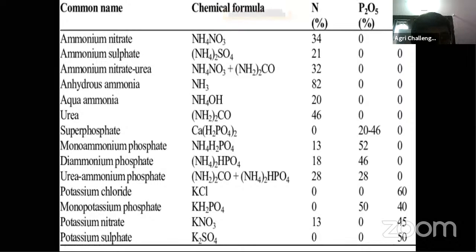Then ammoniacal fertilizers are more susceptible to volatilization, and nitrate fertilizers are more susceptible to leaching. Ammonium nitrate contains both ammonium and nitrate, and the total nitrogen content of ammonium nitrate is how much?